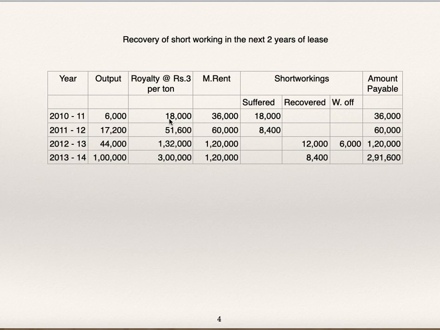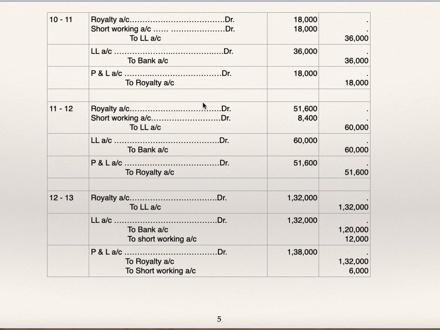Entry for the second year: royalty account debit 51,600, short working account debit 8,400 to landlord 60,000. See here. Landlord to bank 60,000, profit and loss to royalty 51,600.